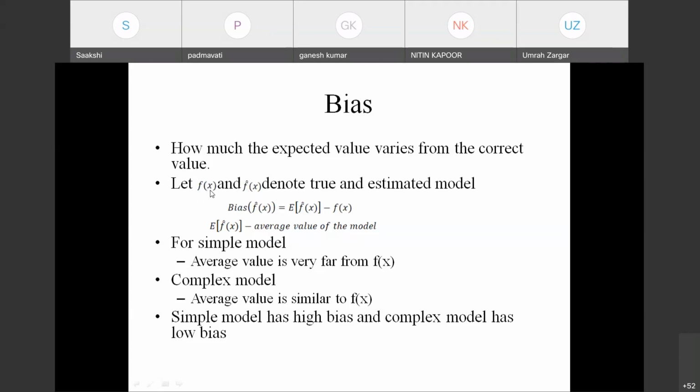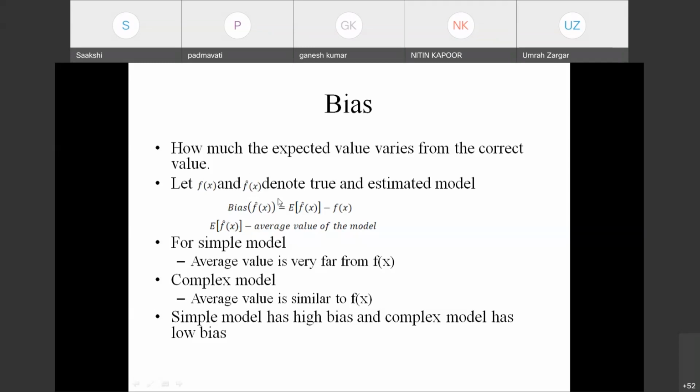One is f of x, the original function, which we will not be knowing for any given data items. If we knew the original function, there would be no need of building a model, because you would simply pass the values to that function and get the result. But we don't know what the actual f is. Hence, we try to predict it, right?